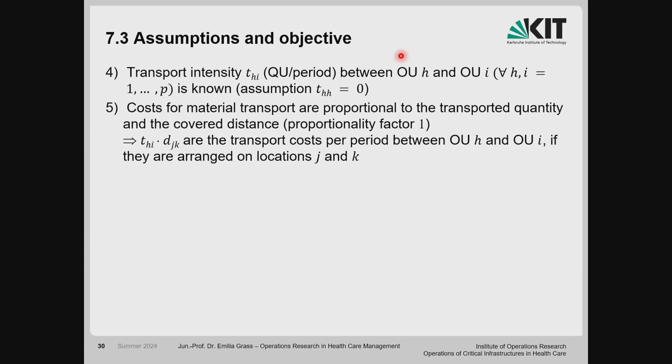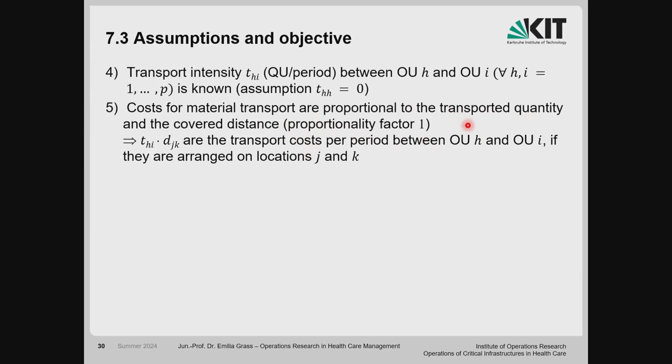And then we have the costs for material or equipment and medical equipment we have to transport, and they are proportional to the transported quantity and also the covered distances. Okay, so we assume that it's a linear relation. The more we have to move, the more we have to pay. Okay, and t times d are the transport costs per period between unit h and i if they are arranged in location j and k.